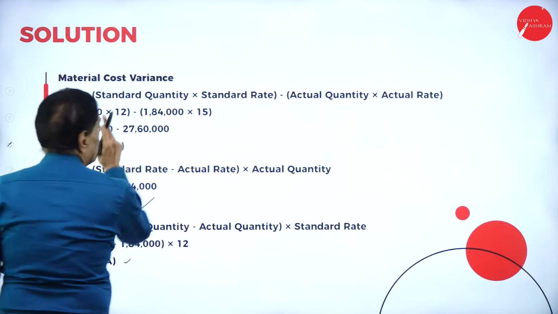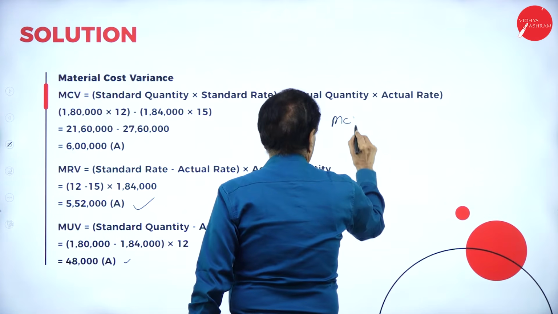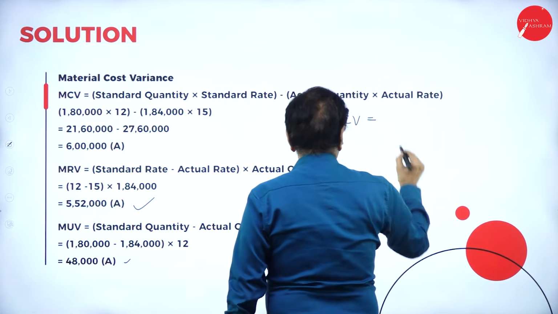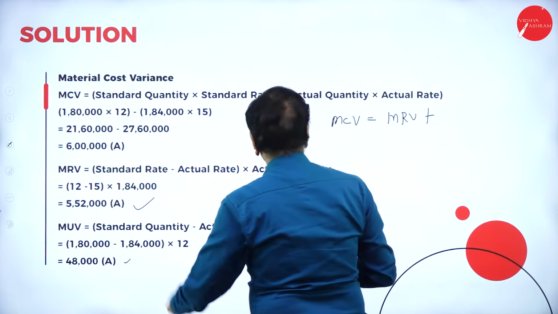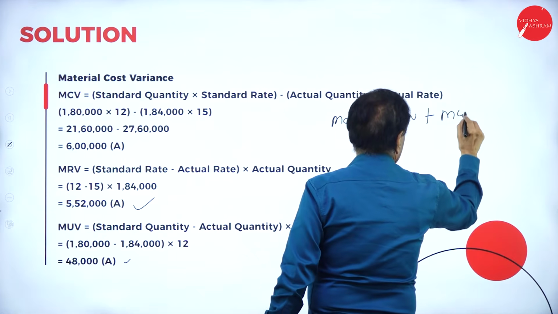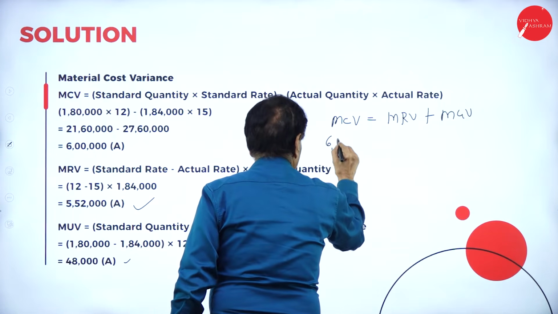Always MCV should be equal to MRV plus MUV. What's your MCV? 6 lakh adverse.